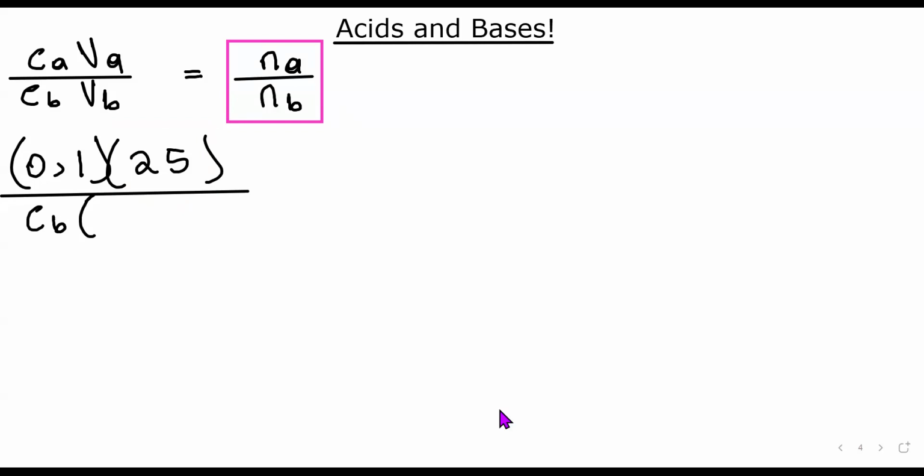They didn't specify in which reaction. So we have to find the average of those two volumes. And what is the average? Well, you say 20.05 plus 20.15, and you divide that by 2. Then you find that the average volume will be 20.1.